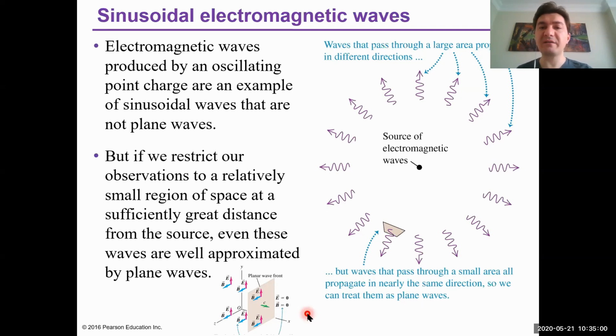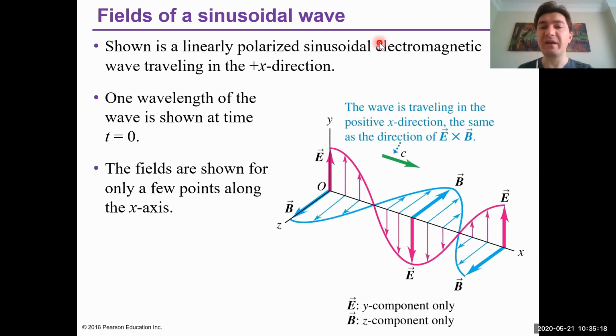But what is the main difference? In plane waves, the electric field and magnetic field are uniform. But in sinusoidal electromagnetic waves, we have a time-varying electric field and a time-varying magnetic field.